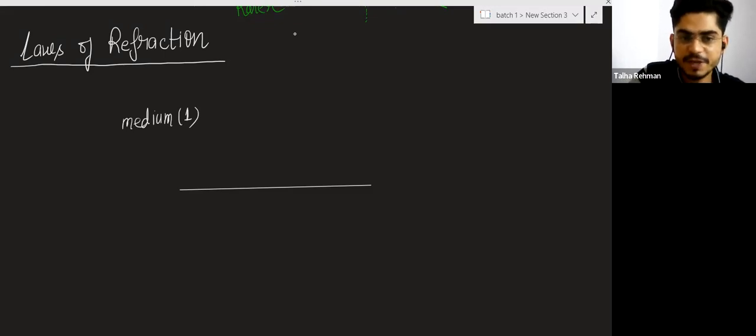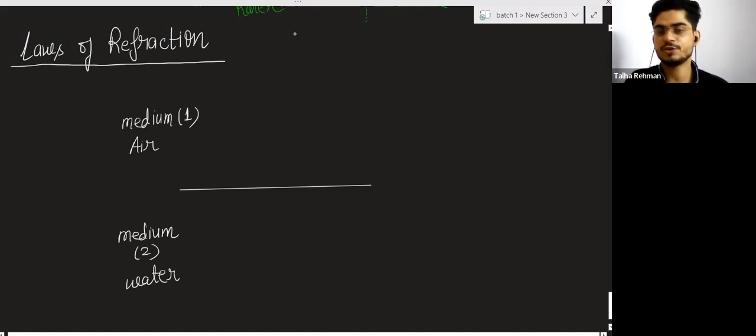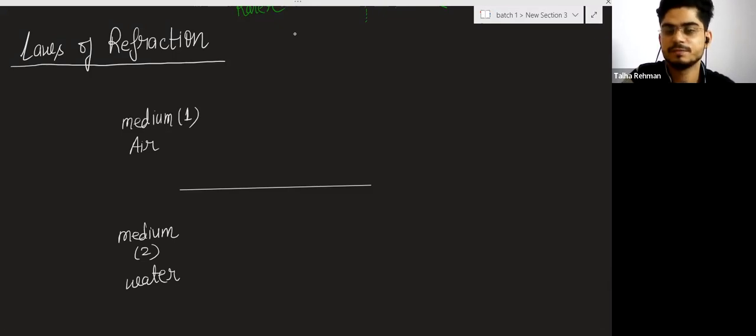Suppose here is medium 1, for example air, and here is another medium, medium 2. Suppose here is water, meaning light is traveling from air to water, and this is the interface of both the mediums. When you travel from here, another medium will start. So this is the interface of both the mediums.